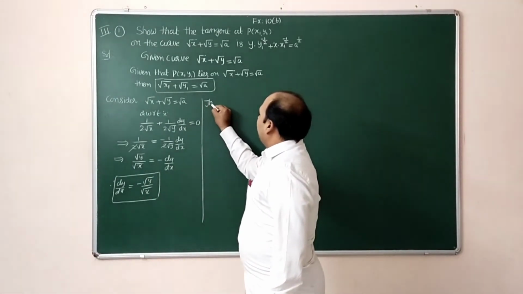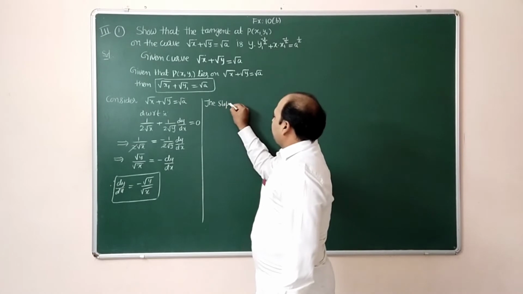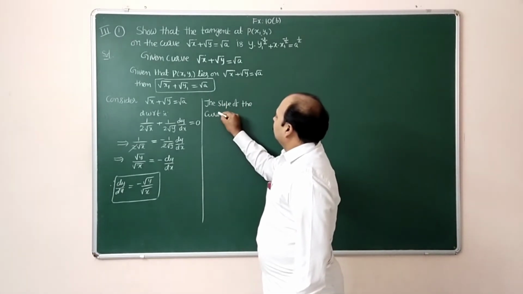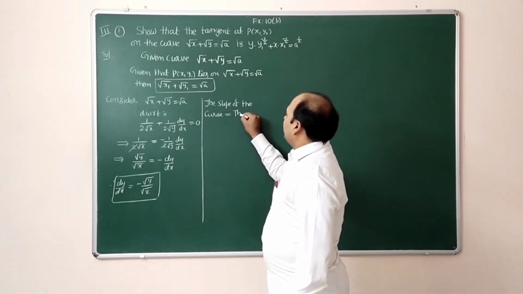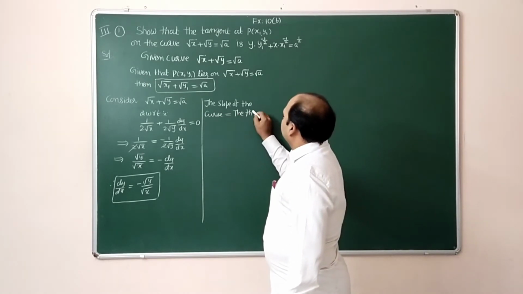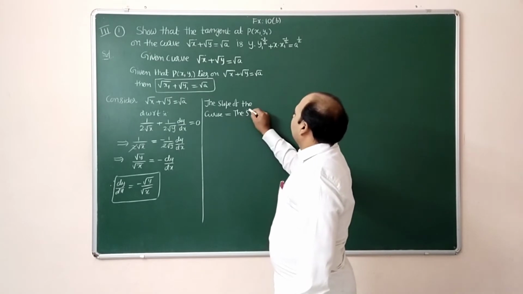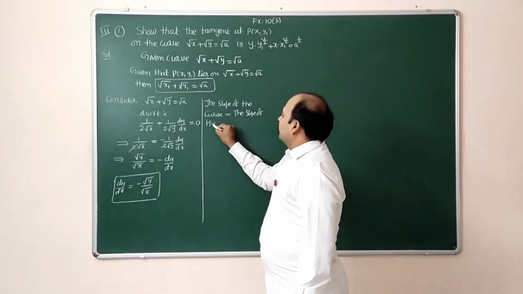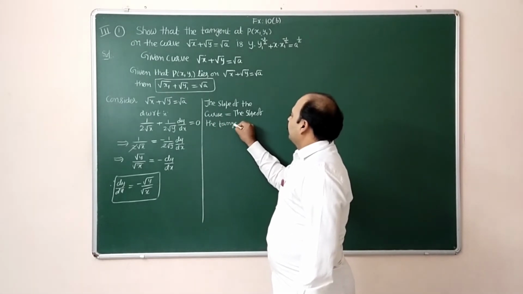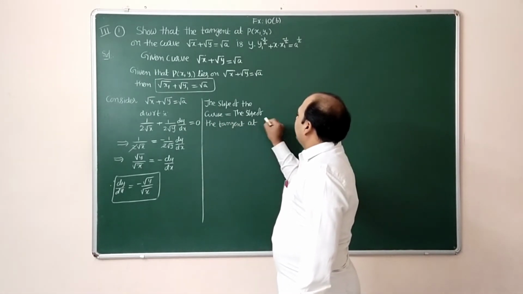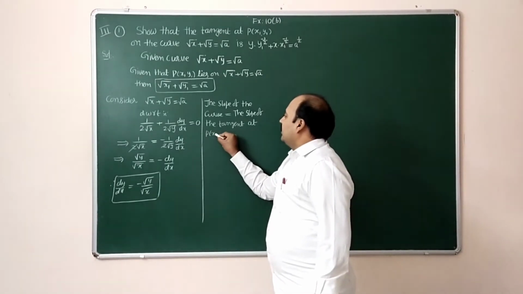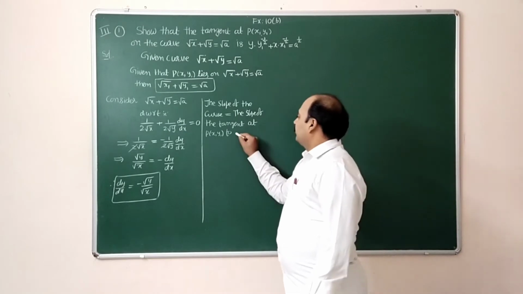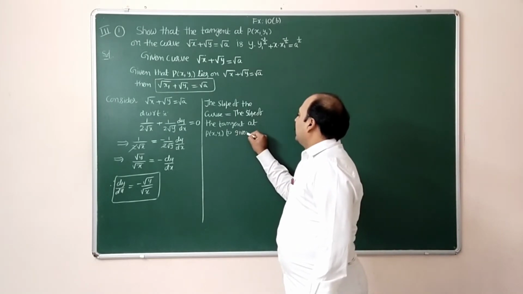After this, the slope of the curve is equal to the slope of the tangent at P of x1, y1 to the given curve.